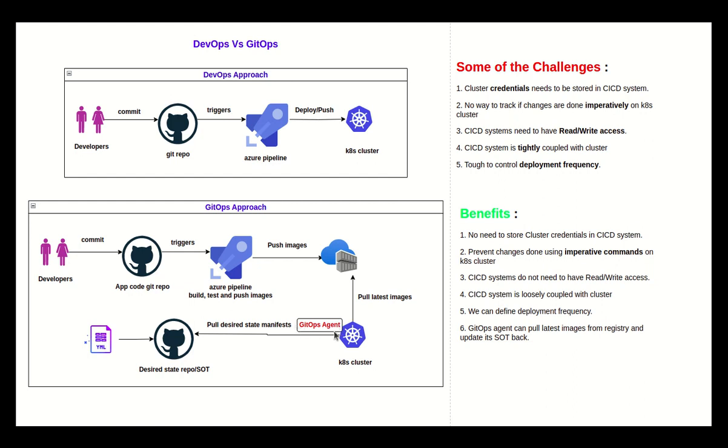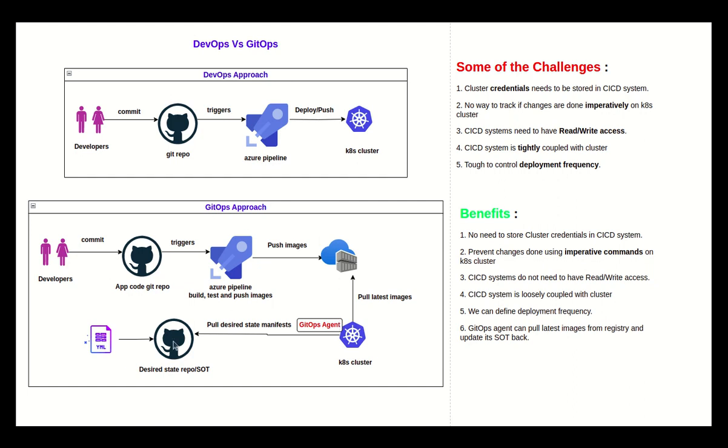This GitOps agent will be responsible for pulling the changes from the source of truth repository and deploying it to the Kubernetes environment. This GitOps agent will always compare the desired state with the current state on the Kubernetes cluster. If it finds any differences, then it will act on that immediately.